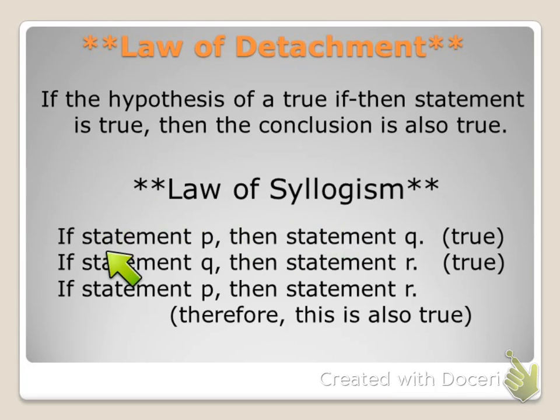So if the duck is hungry, then I will feed it some bread. Now, what this law says is basically you can cut out the middleman. You could say something like, if the duck is on the pond, then I'm going to feed it some bread. So you can skip the he's hungry, and if he's hungry, then this is going to happen. So again, it's just cutting out the middleman.